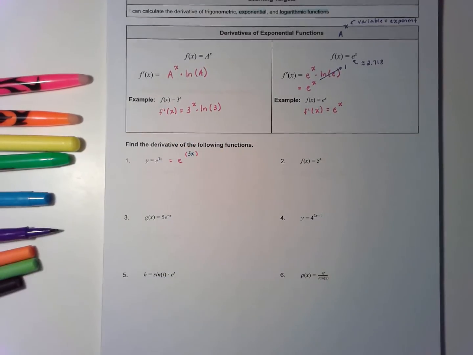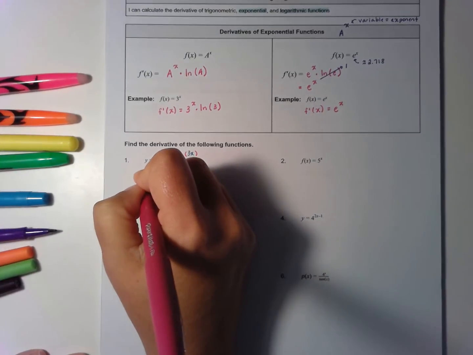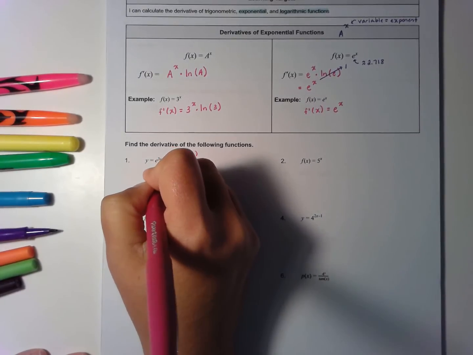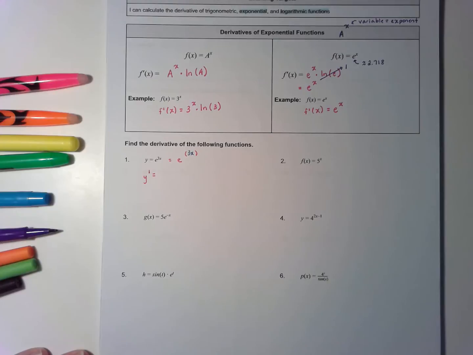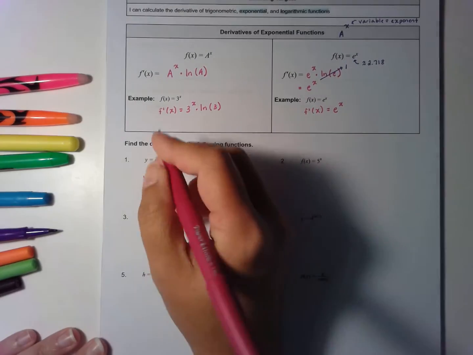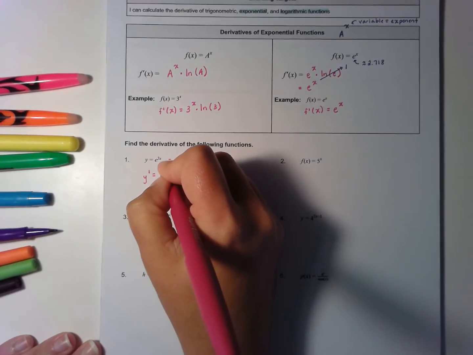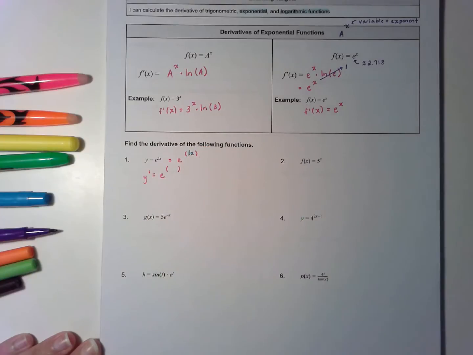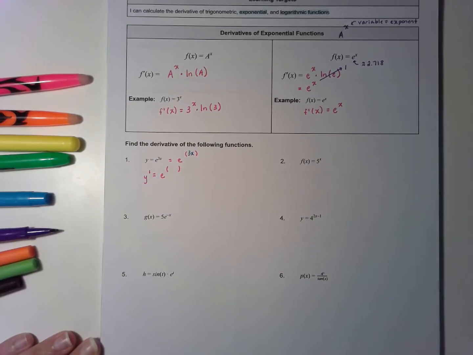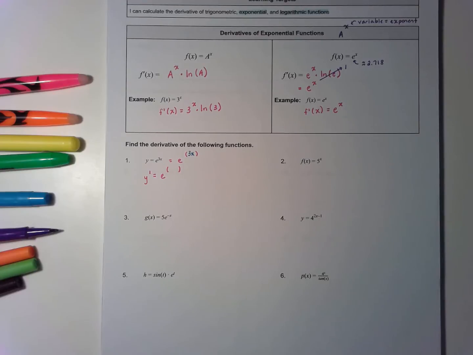Chain rule says start by taking the derivative of the outside. So I would say y prime is equal to, and then the derivative of e to the something is just e to the something. Now we could put times the natural log of e, but what we should know is that the natural log of e is always just 1, so that part cancels each time.